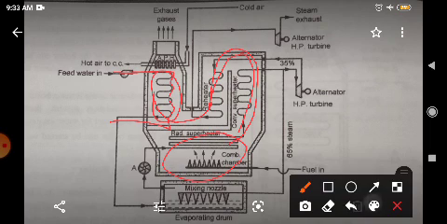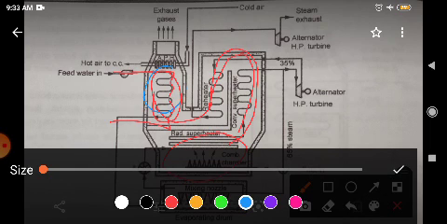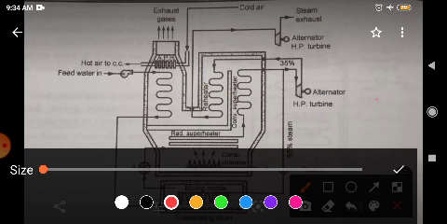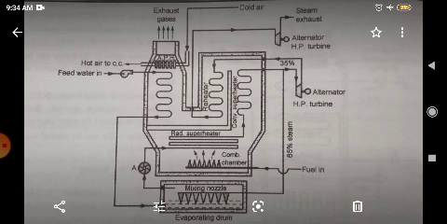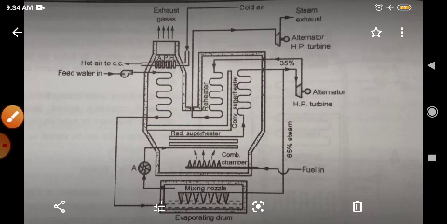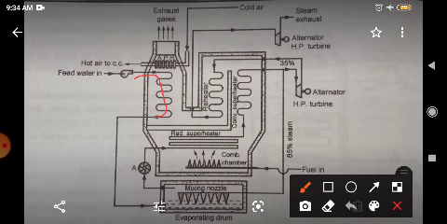At this point water is preheated, and what is preheated at this portion is now fed over here. Now water has more temperature than the atmosphere. Water goes through, gets preheated, its temperature rises, and then it is supplied to the evaporating drum.